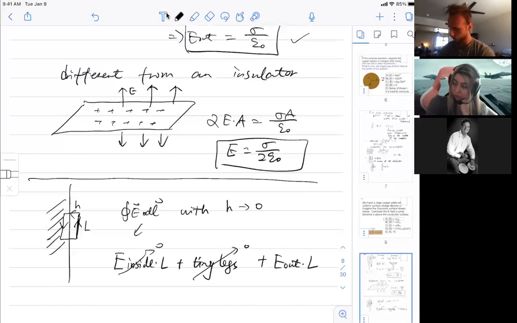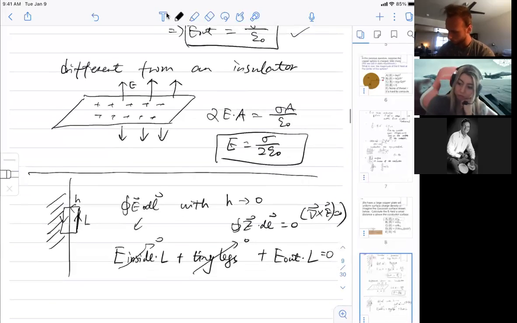So it has to be 0, because for electrostatics this is always 0, because curl E is always 0. Remember, that's something we know. So this integration should be 0. That means the E parallel component, if you have an E outside that's parallel to the surface in the same direction as my L, must be 0 as well.